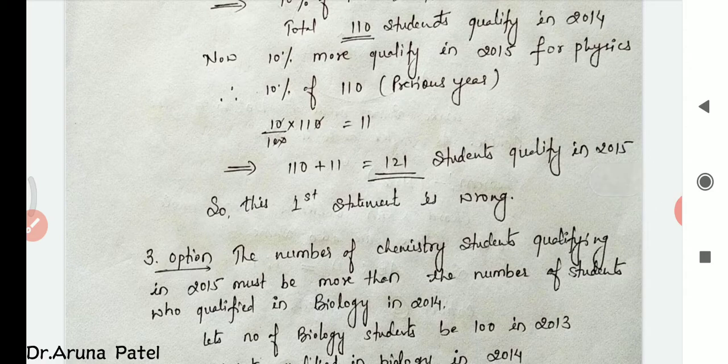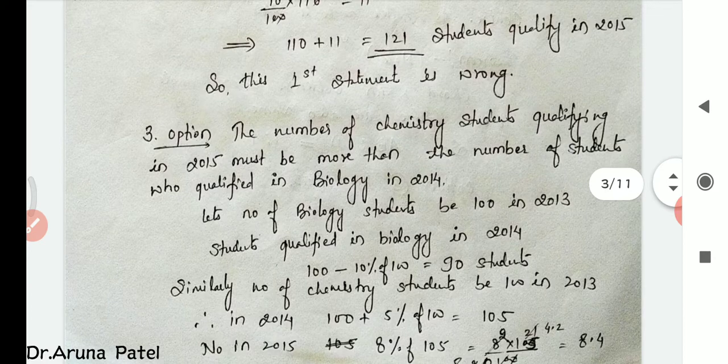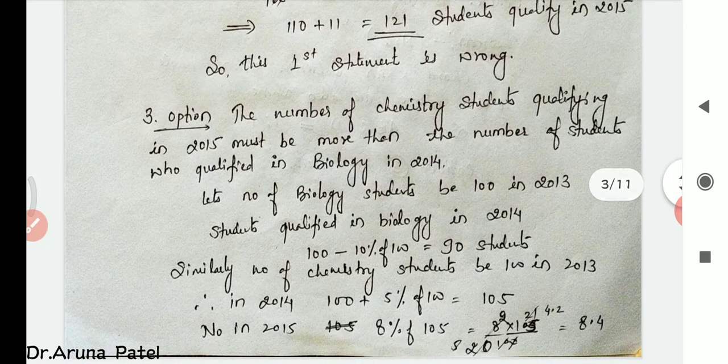Now the third option: the number of chemistry students qualifying in 2015 must be more than the number of students who qualified in biology in 2014. Here we again suppose the number of biology students is 100 in 2013. Students qualified in biology in 2014 is minus 10, so minus 10% of 100, which is 10.